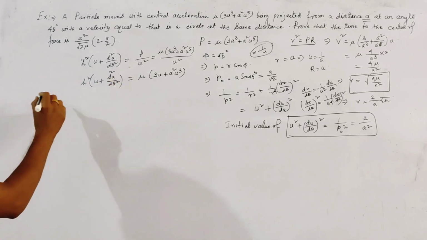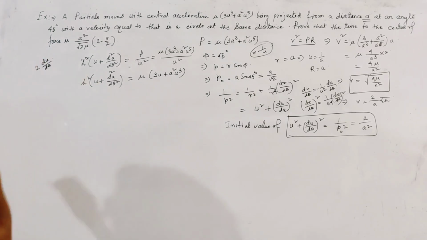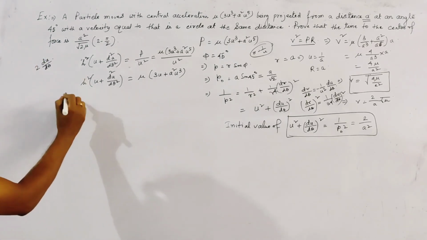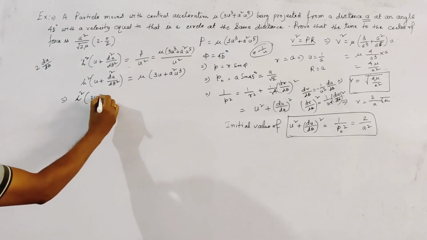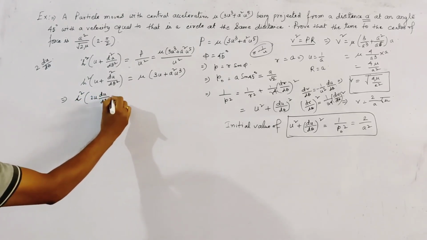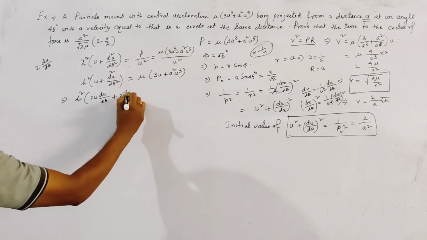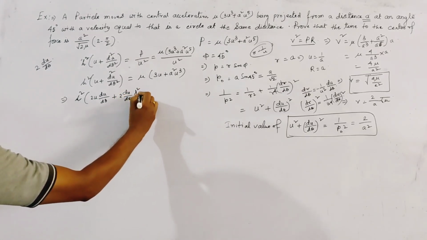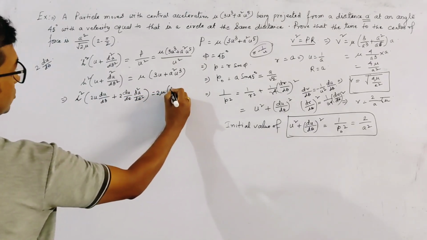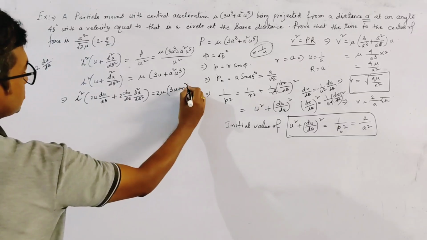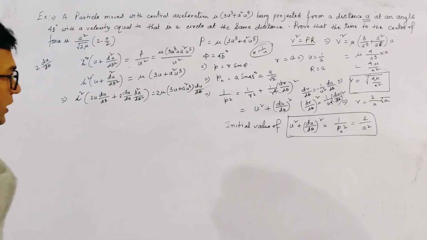Now we multiply both sides by 2 du d theta, and we get h square into (2u du d theta plus 2 du d theta into d2u by d theta 2) equal to 2 mu into (3u plus a square u cube) into du d theta.